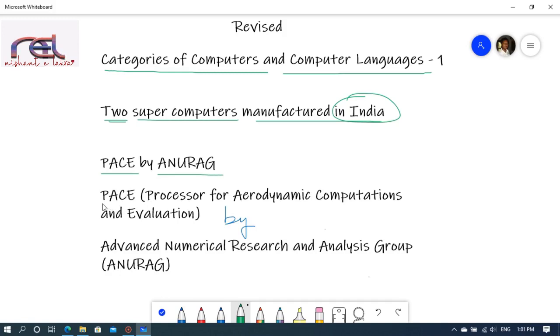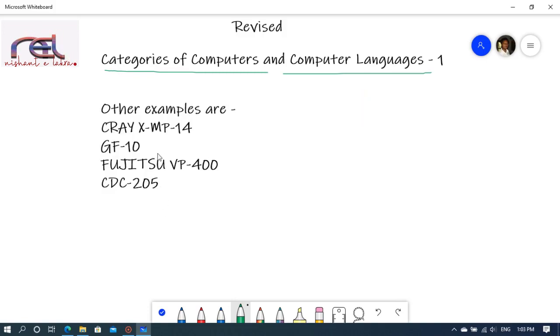What is the full form of PACE? Processor for Aerodynamic Computations and Evaluation. It was developed by Anurag, Advanced Numerical Research and Analysis Group. So these are the two supercomputers manufactured in India. Other examples of supercomputers developed around the world, as you can see on your screen, are Cray, GF10, Fujitsu, and CDC.